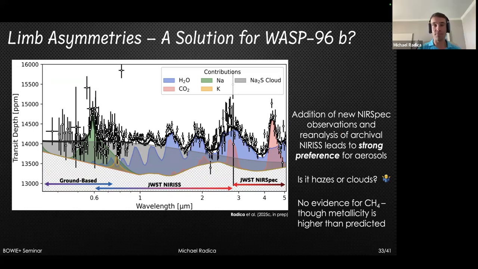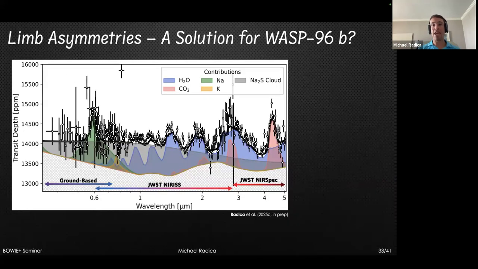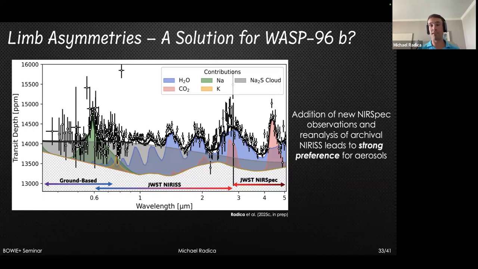Yeah, so this is entirely based on the fact that we'd expect Na2S clouds to form on the morning hemisphere. We're not really sensitive to whether, and this is why I've been careful to say aerosol and not necessarily cloud or haze, because effectively what we have is that slope towards the blue, which could in theory be reproduced either by a haze slope or by Mie scattering clouds.